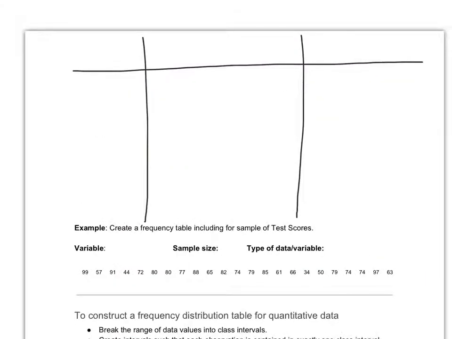Let's create the table. First column is category. We're going to put the variable name at the top, year. List out the values that variable can take on. We've got freshman, sophomore, junior, and senior.